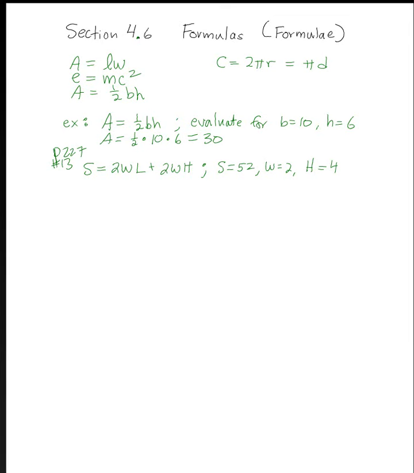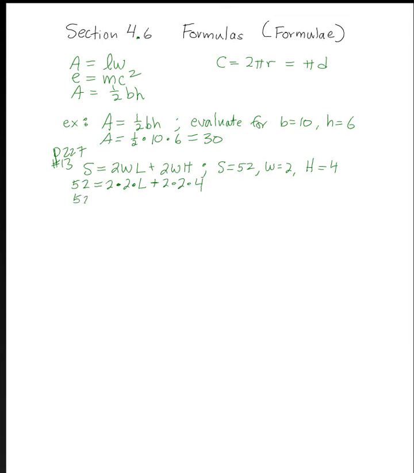Okay, so what do we do? All we do is plug in the numbers given and figure out what's left. So I have 52 equals 2 times W, which is 2, times L. L I don't know, so I leave it as L, plus 2 times W, which is 2, times H, which is 4.